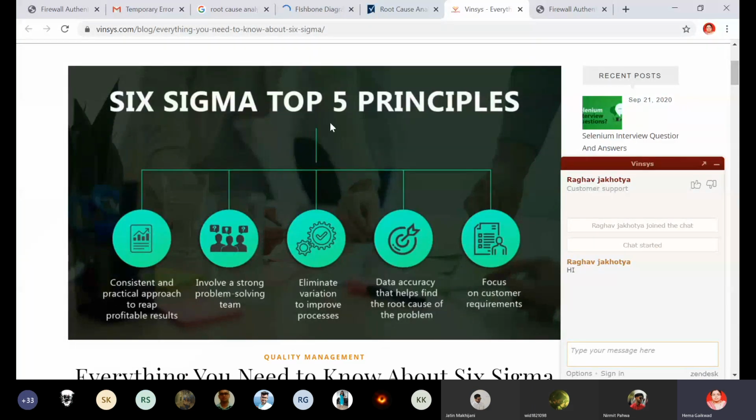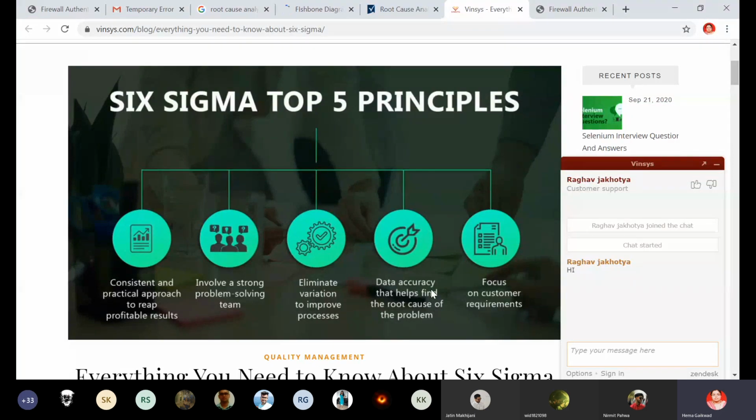So the Six Sigma top principles: the first and very important is focus on customer requirement. Although it is written number 5, if I assign the number, my first number is for focus on customer requirement. This is point number 1. And point number 2 is data accuracy, that helps to find out the root cause of the problem. That means the root cause is very important for each and every problem, because we need to improve the quality of a complete process.